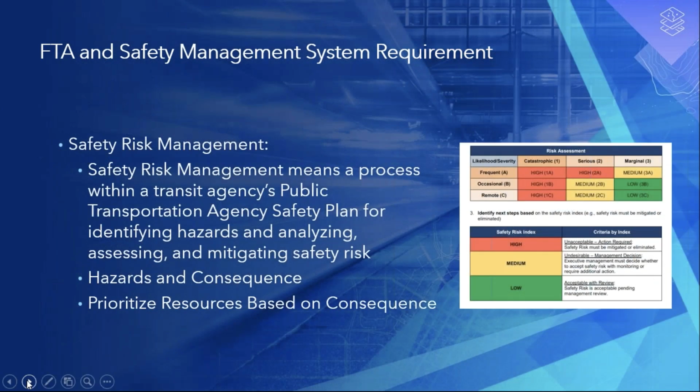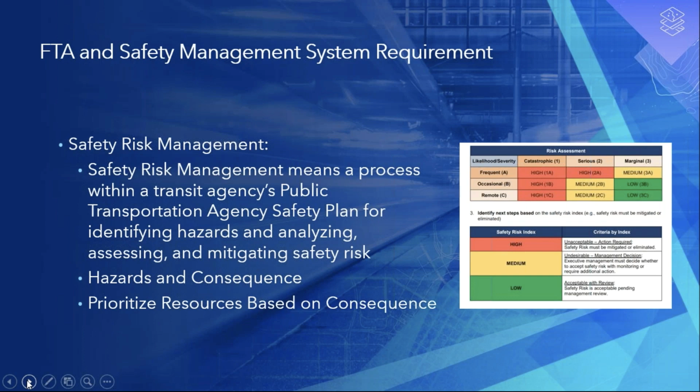So the first part is really the safety risk management, and that allows a transit agency to carefully examine all of the factors that could cause harm and determine whether the agency has taken sufficient precautions to minimize those risks and that harm, and if further mitigations are necessary.